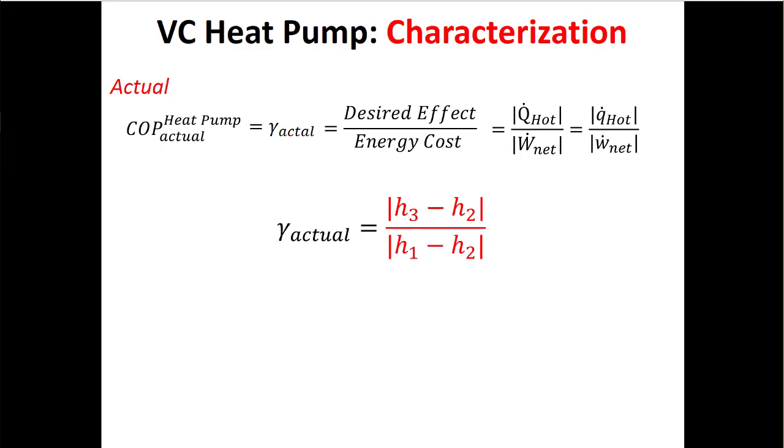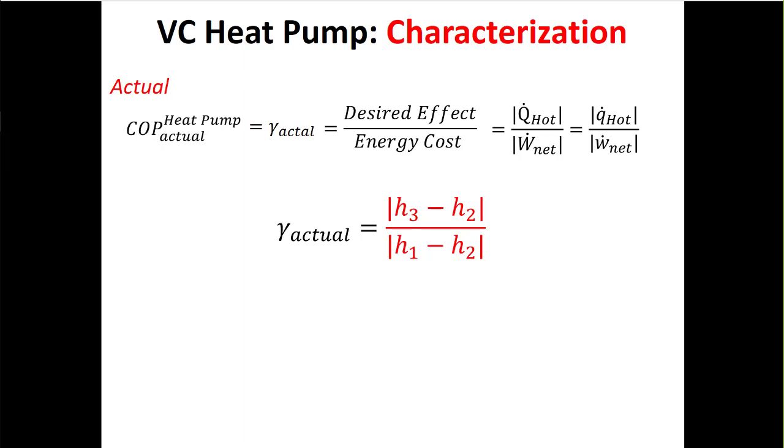So now our equation is a little bit different for the coefficient of performance because it's the other heat transfer that we're interested in, right? Here I still put absolute values on this, but both of these values are going to be negatives. For the heat pump, because we're losing heat out of the condenser side, and we're putting work in, both of these numbers are negative.